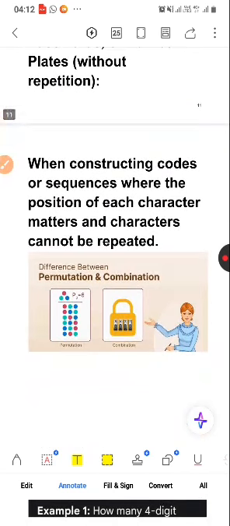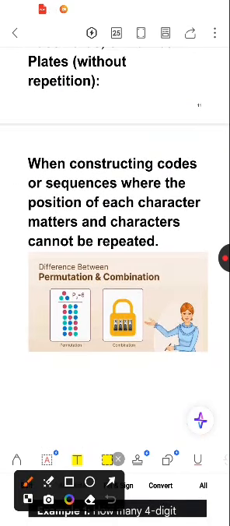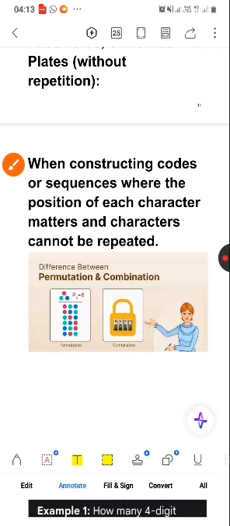Then we talked about constructing codes. Here the codes are different. Anytime you have a code, you can't repeat the code. Anytime you change a letter or even a number in the code, the whole code changes.